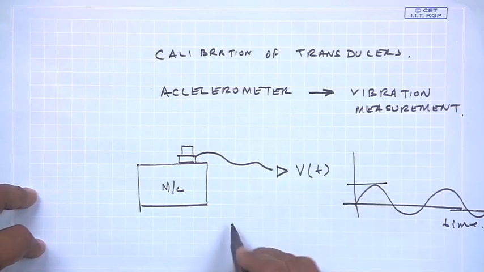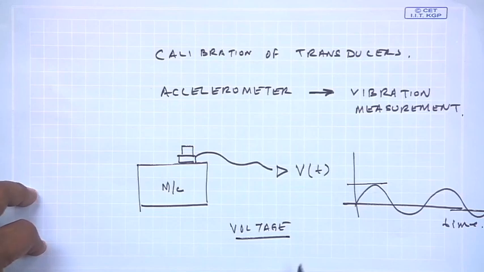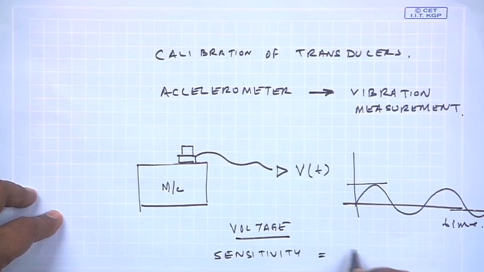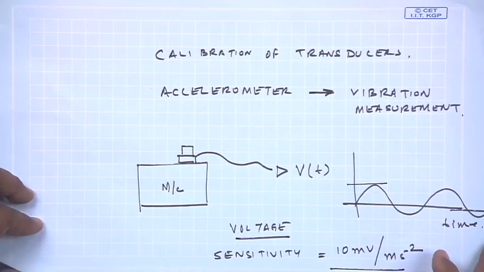Looking at this voltage level, depending on the sensitivity of the transducer, say for example this sensitivity is 10 millivolts per meters per second square. This is a typical sensitivity of an accelerometer.